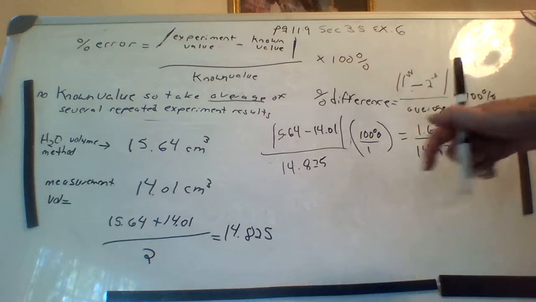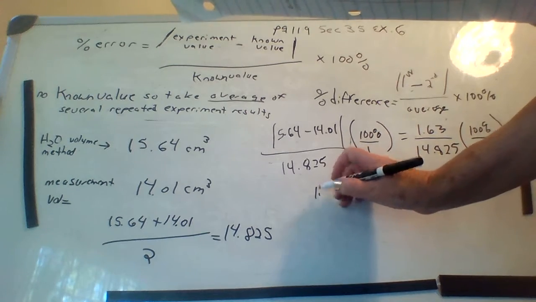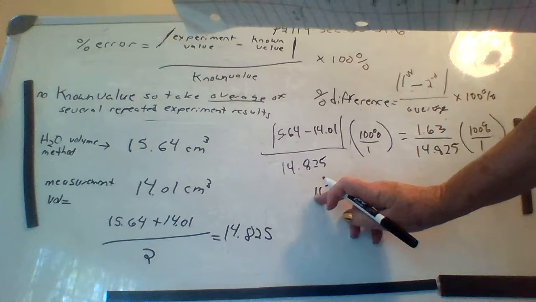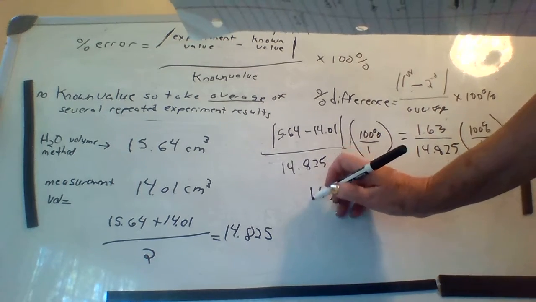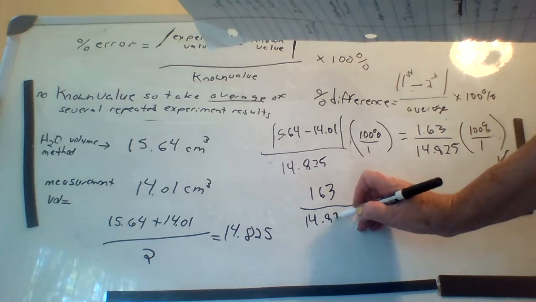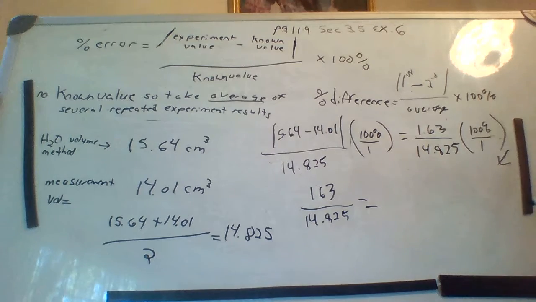So when we do that, and I'm going to go down here now, we're going to get 163 because we moved our decimal over 2 places, divided by 14.825, because all I did was multiply 100% times that.